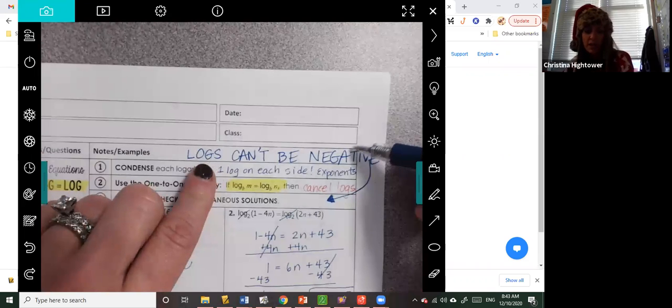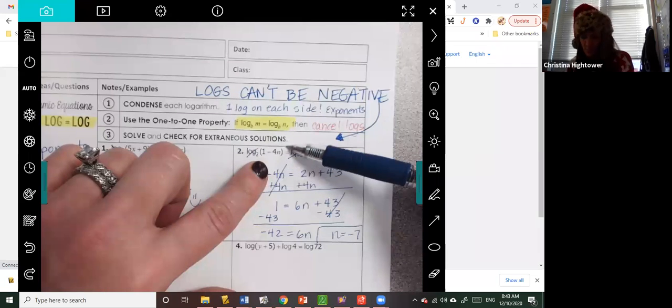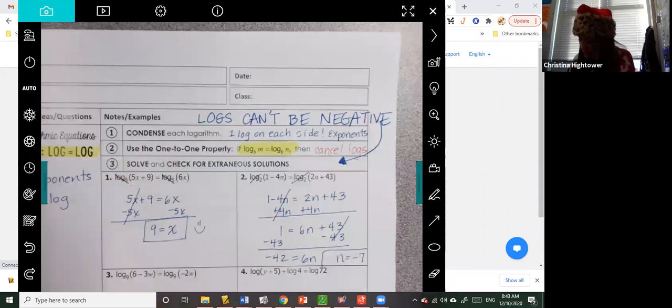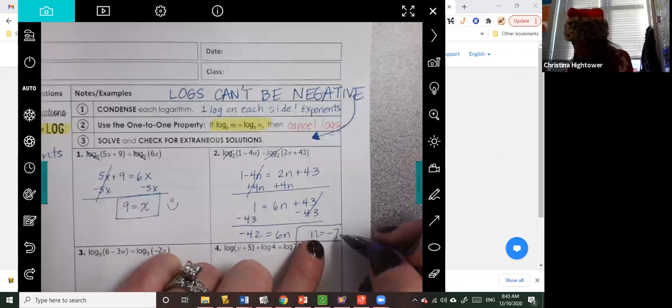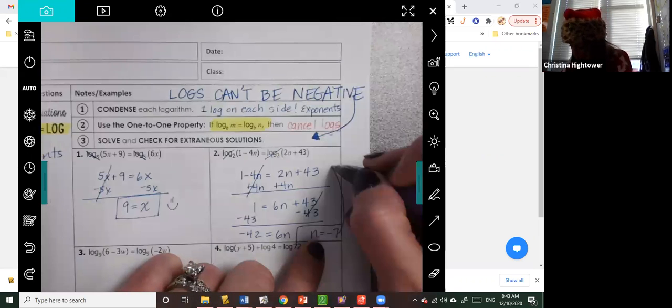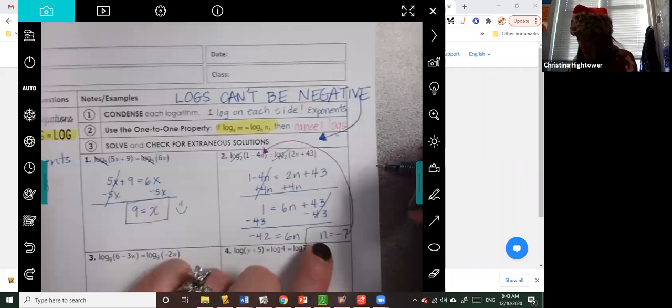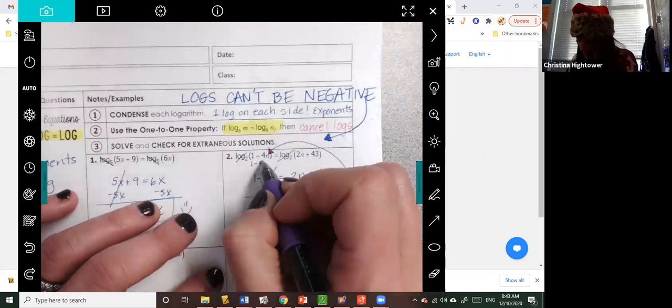If I plug in a -7 right there, it actually makes for a positive number here. So make sure that you pay attention to that. The variable can be a negative, but once you plug it back in, make sure that your log is positive. So if I do that, that will be 1 minus 4 times a -7.